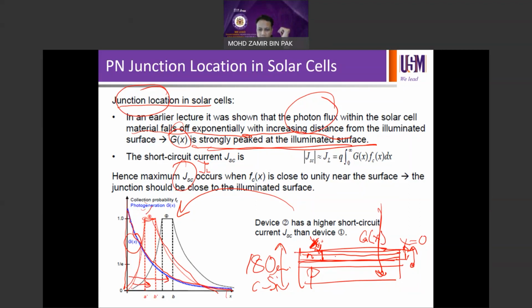You can just put it as perhaps the device in red reaches here, and for the device in black, the junction is a bit into the silicon or some other materials. So this is the red, and the deeper one is black.